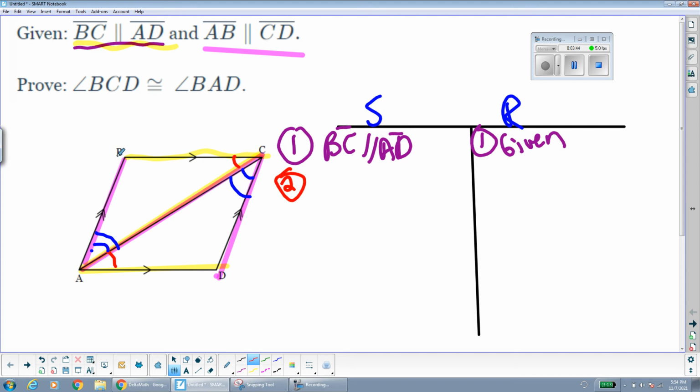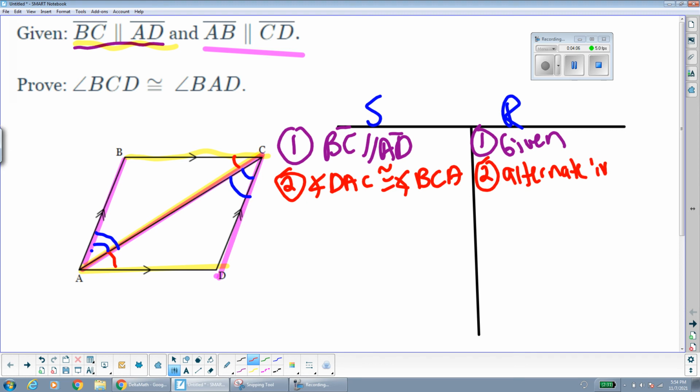That was angle DAC, and that was congruent to the other red angle, BCA. And our reason for that is that alternate interior angles are congruent when lines are parallel.